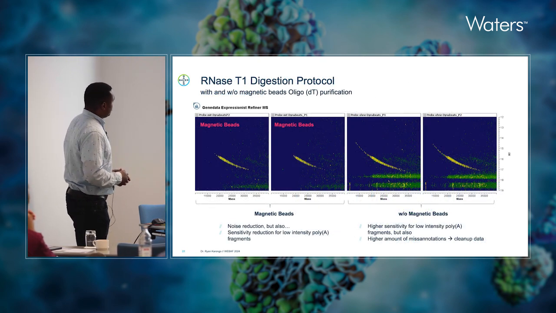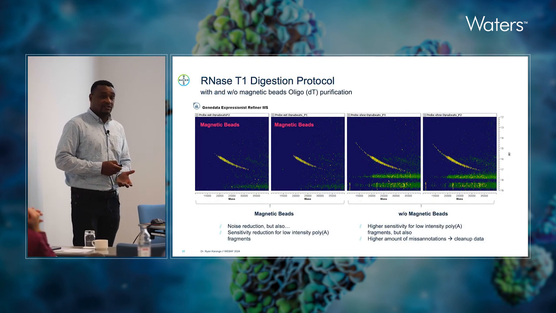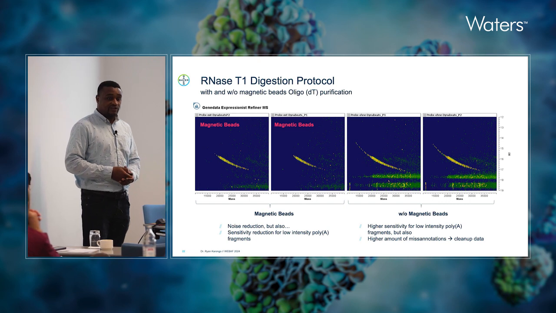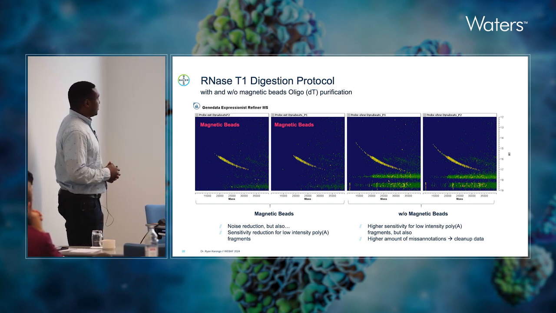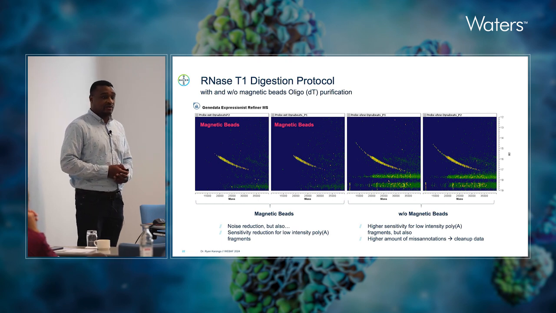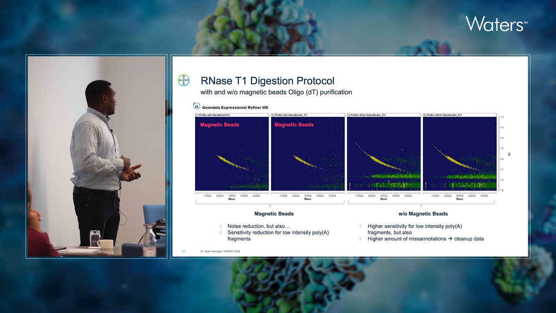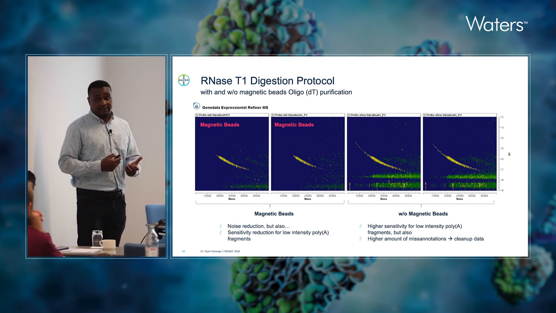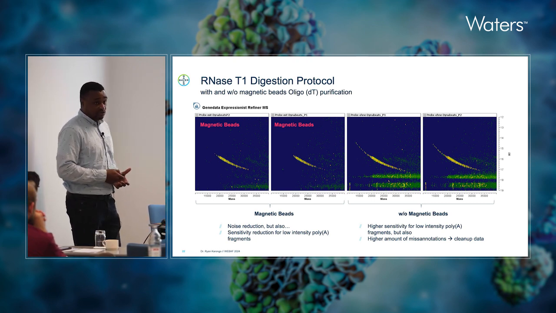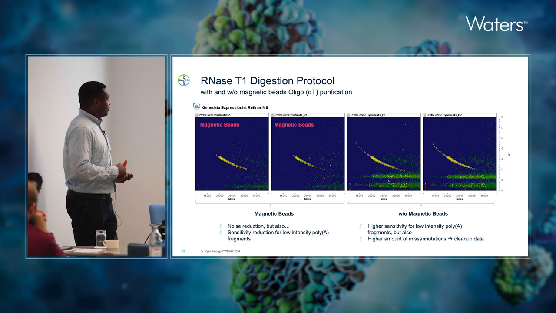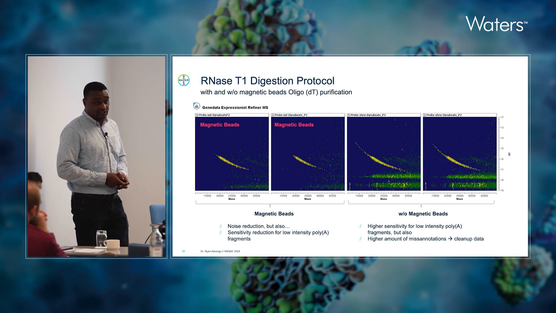The digestion protocol involves either magnetic bead purification or not. So we tested both, and we saw that with magnetic bead purification process, we lose information regarding the distribution of the poly-A tail, probably due to the washing steps.